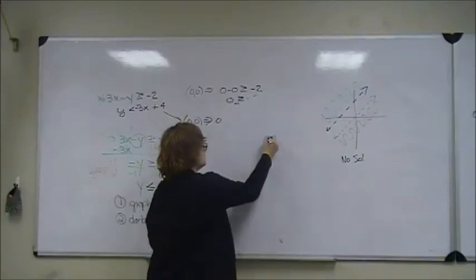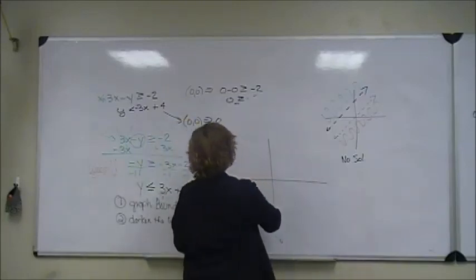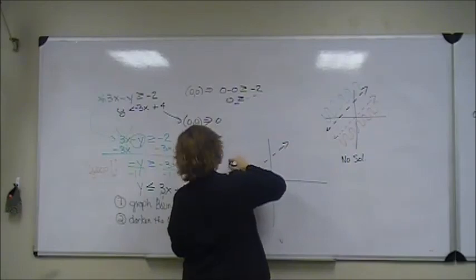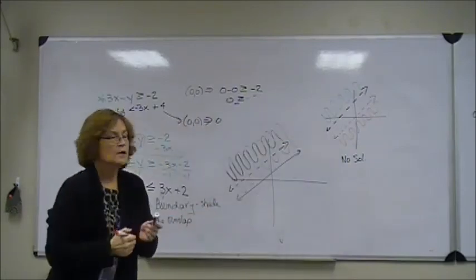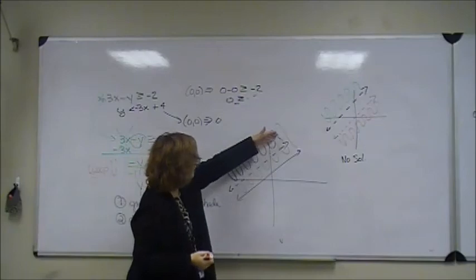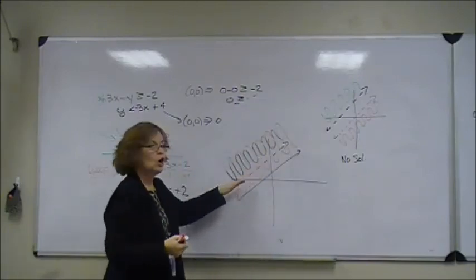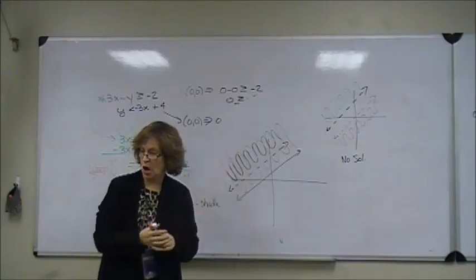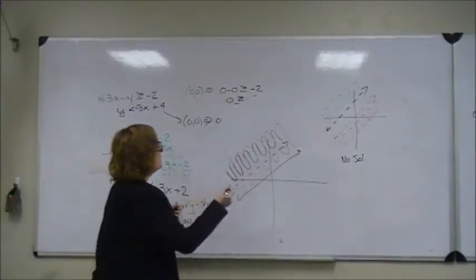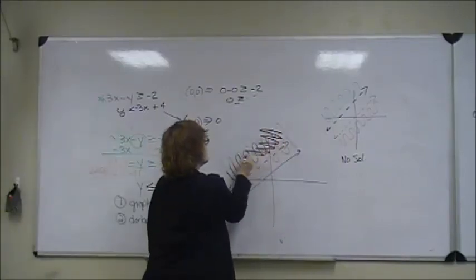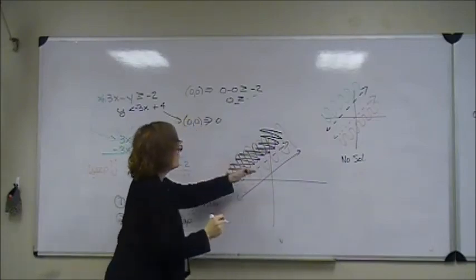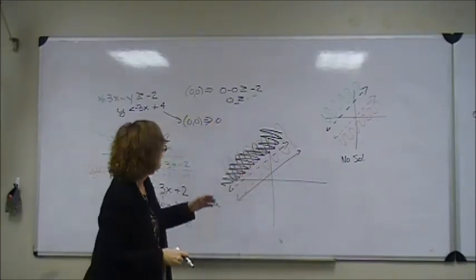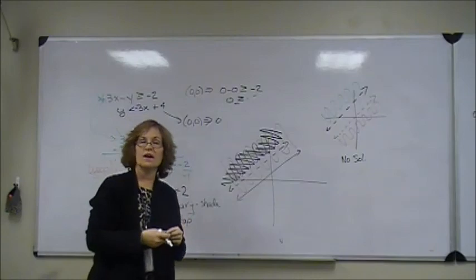Now another possibility: you'll notice that my black and my orange overlap, and they overlap on that whole side of that other one. So all I would have to do in this case is darken everything over here that's on the left side of that line, which is the boundary, and I would be fine to go.